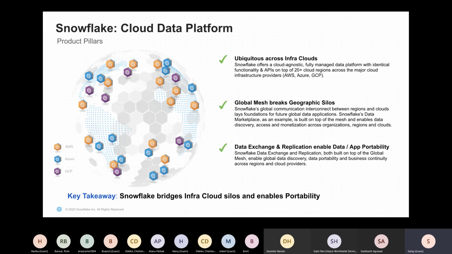So on top of that, what we've built is two things. One is the Snowflake Data Exchange, which is essentially the way to discover data that exists in your enterprise in these different silos.